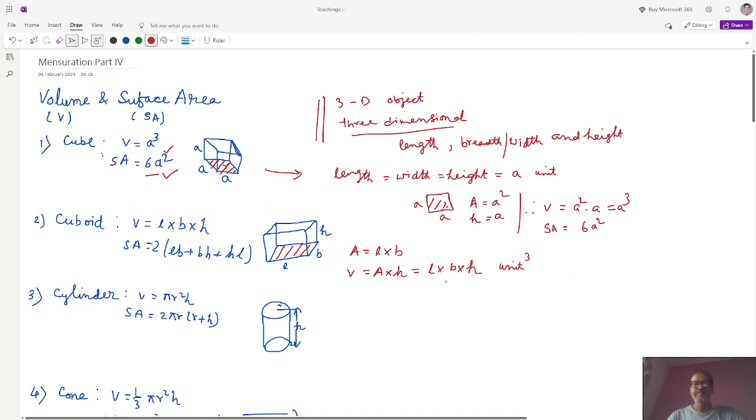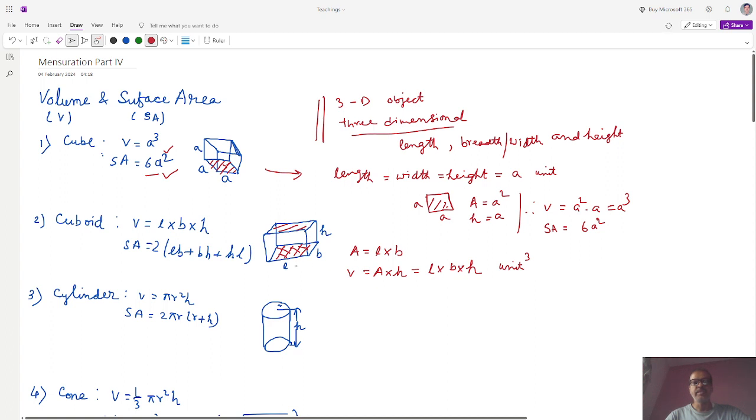Now, the surface area. Already we have seen that the base is a rectangle, therefore the roof is also a rectangle.